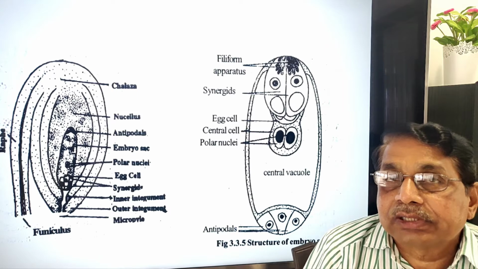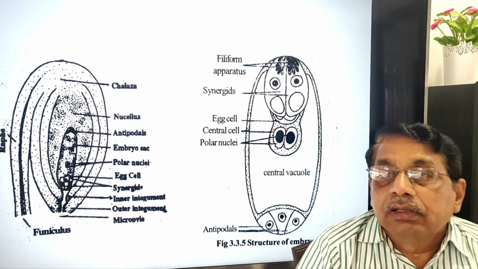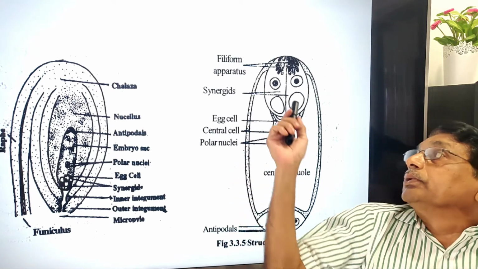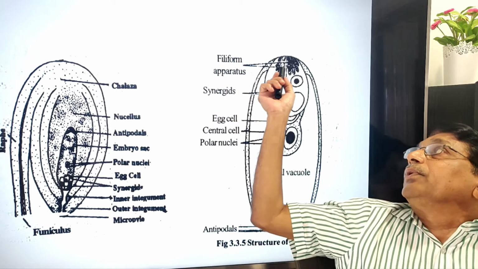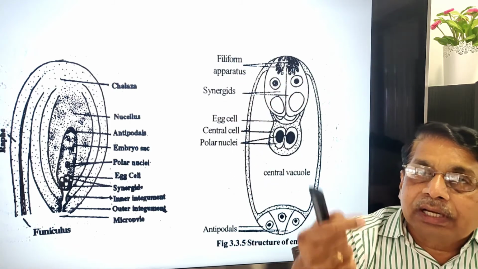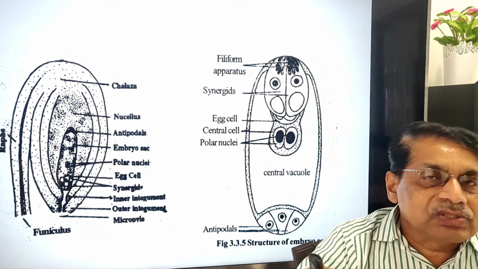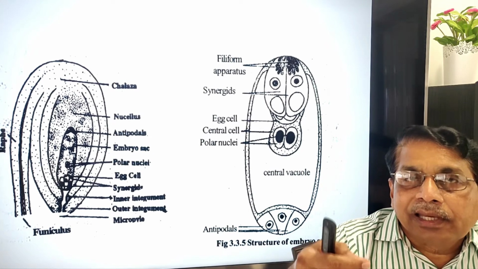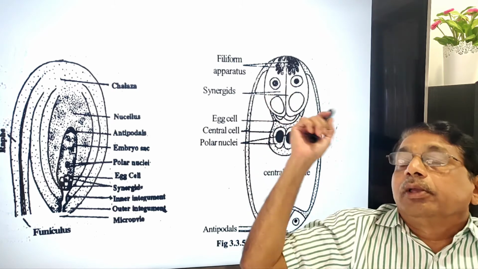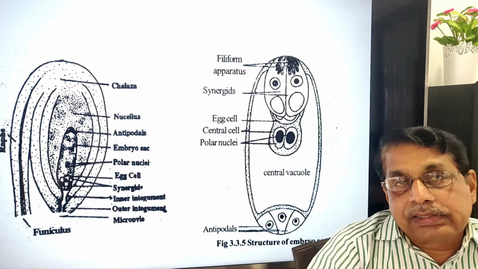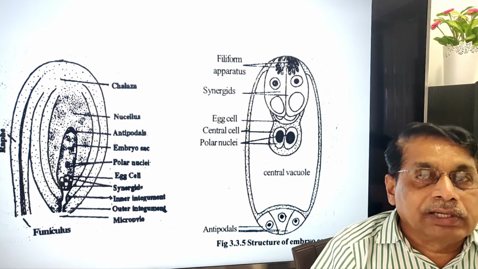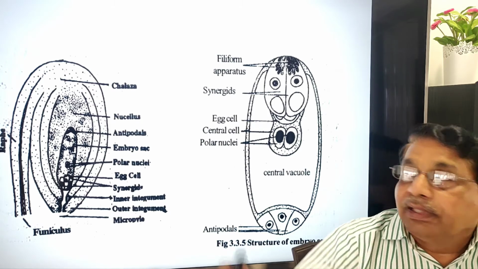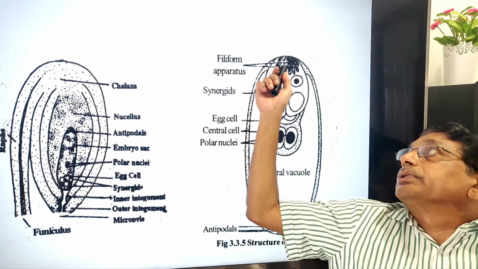The 2 nuclei present in the central cell are called polar nuclei. Here are the filiform threads, minute thread-like structures whose function is not clearly known, but some people believe that they direct the male gamete into the embryo sac or towards the egg cell. Function not clearly known, but some believe the filiform apparatus does this.